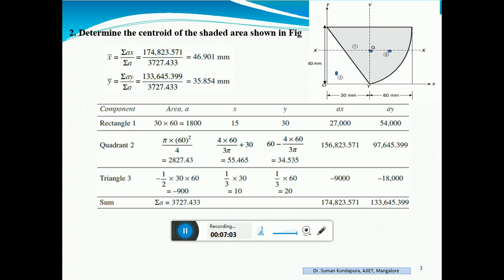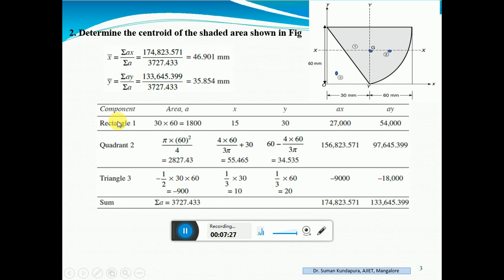So I will basically consider three components. One is the rectangle whose size is 30 into 60, and one more is the triangle, half into base into height, and that is to be deducted, and one more is the quadrant, pi r square by 4.